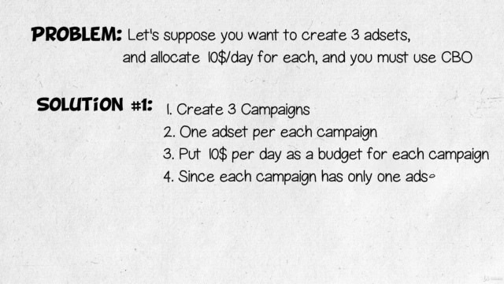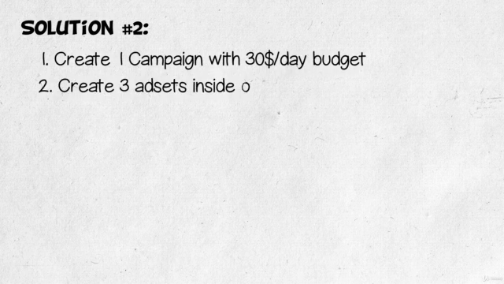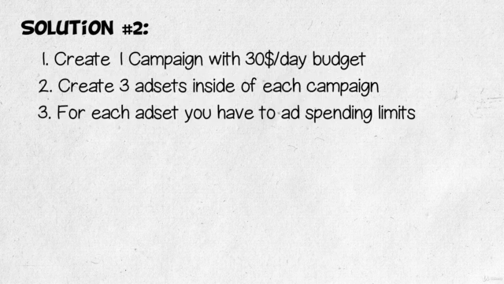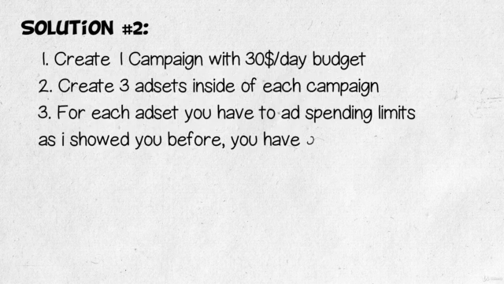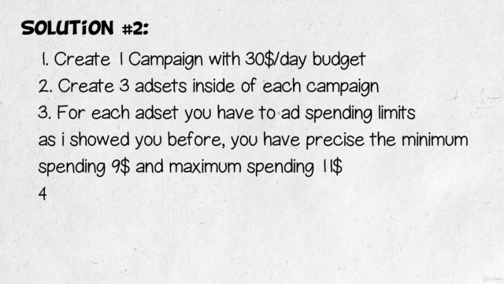Since each campaign has only 1 ad set, then all the budget goes to this ad set. My second solution consists of creating 1 campaign with $30 per day budget and creating 3 ad sets inside of this campaign. And for each ad set, you have to add spending limits as I showed you before.